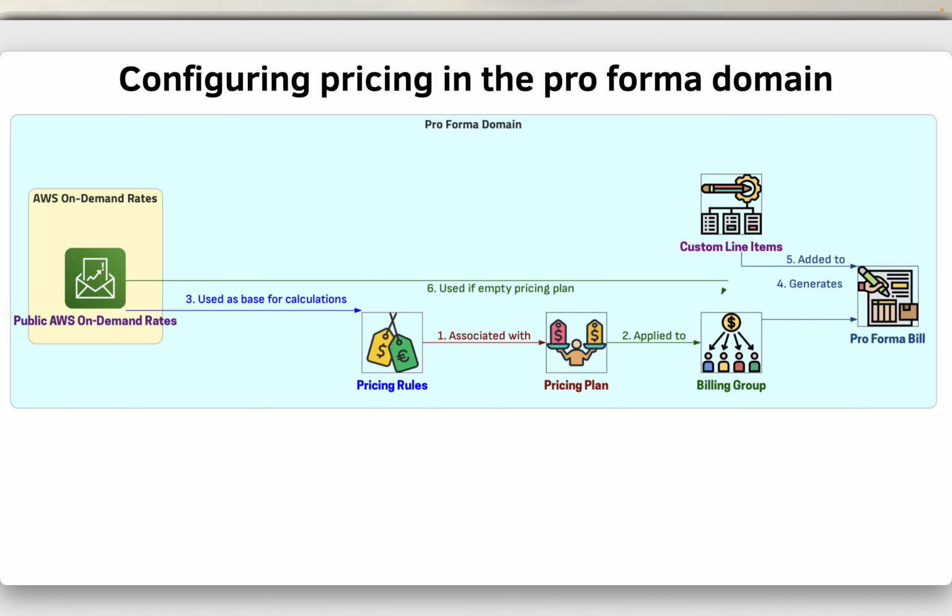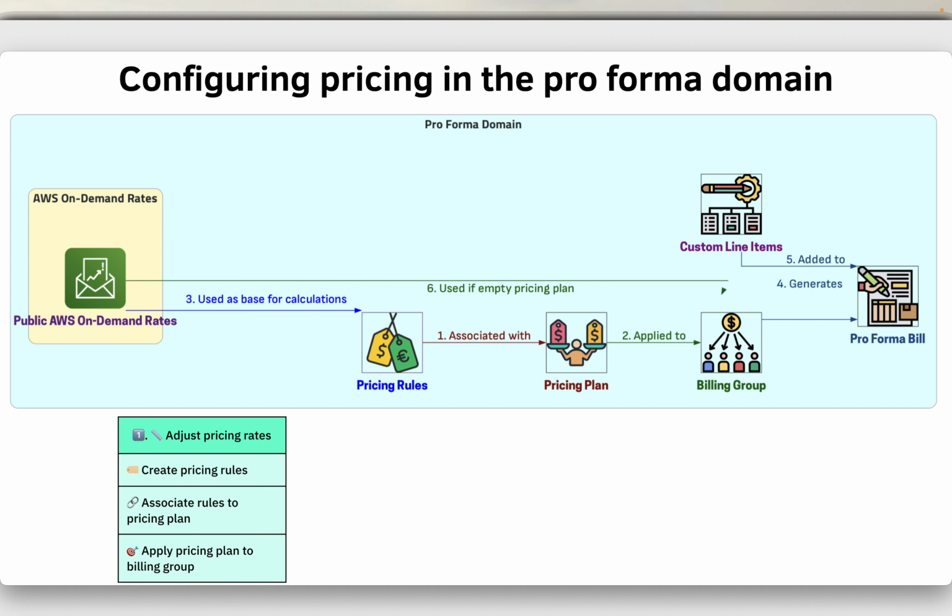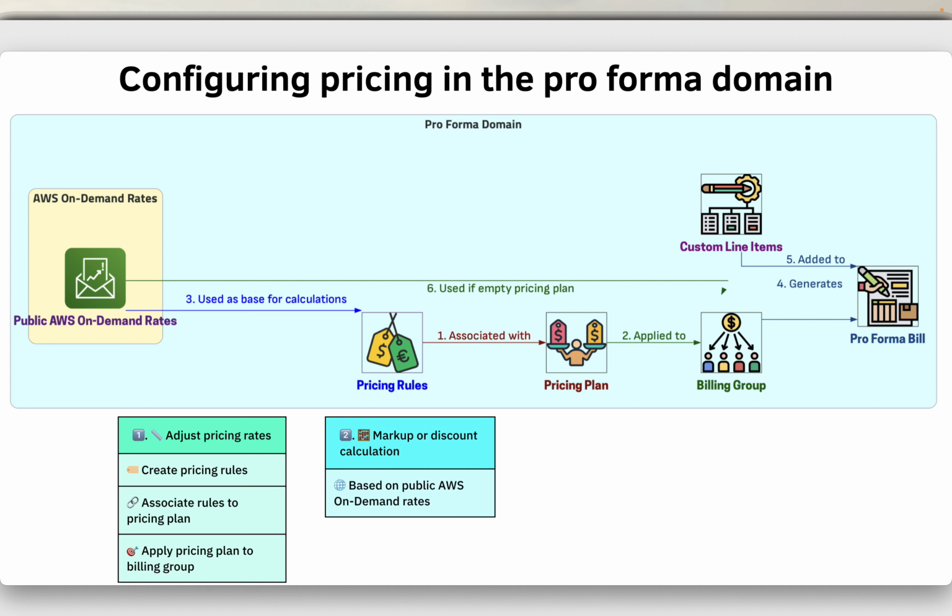Configuring pricing in the pro forma bill or pro forma domain. You can adjust pricing rates by creating pricing rules, associating them to a pricing plan, and then applying that pricing plan to your billing group. Any markup or discount pricing rule is calculated against the public AWS on-demand rates.